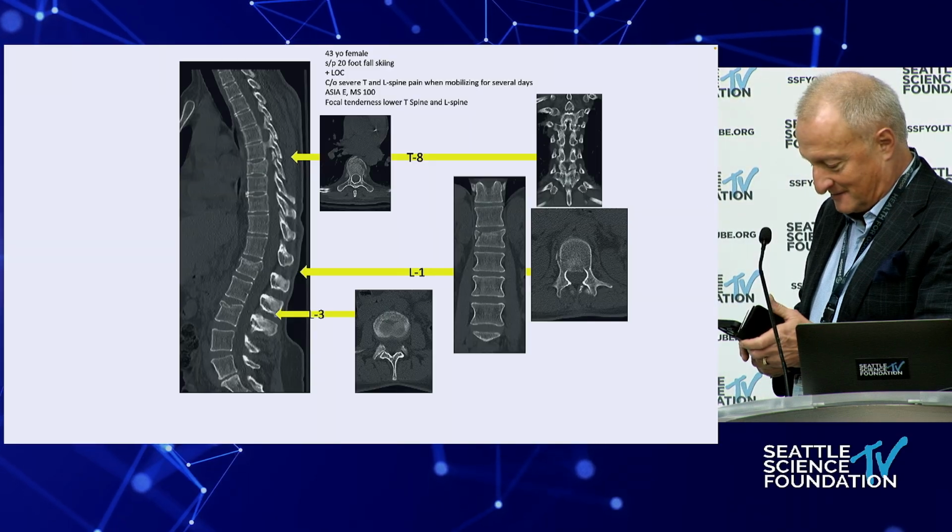A little bit of a combination for me, but I rely more heavily on TLICS than I do AO. Now, why is that? That's not a classification. That's a severity scale. It's a surgical decision-making guide, and I find that the AO is just very cumbersome.